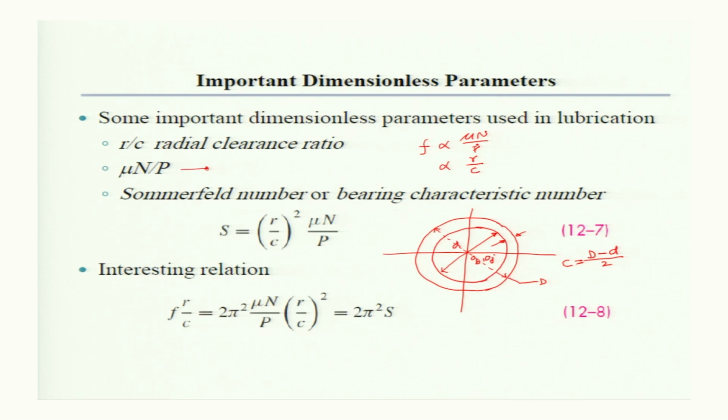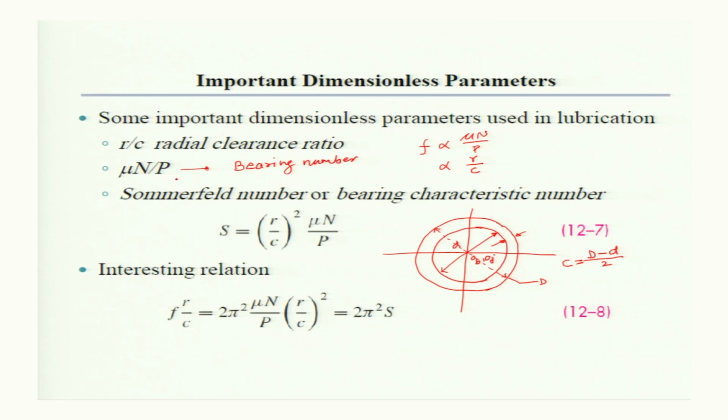This mu n by P is called the bearing number, where mu is the dynamic viscosity, n is the rotational speed of the journal, and P is the unit load.